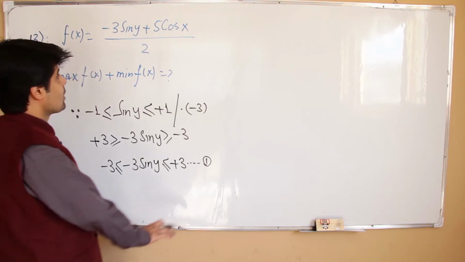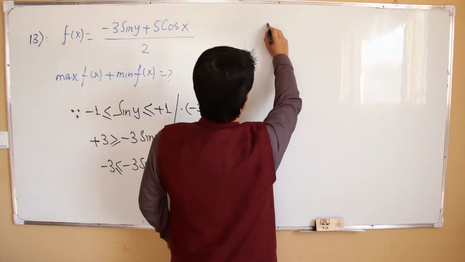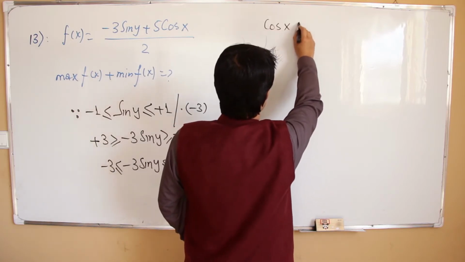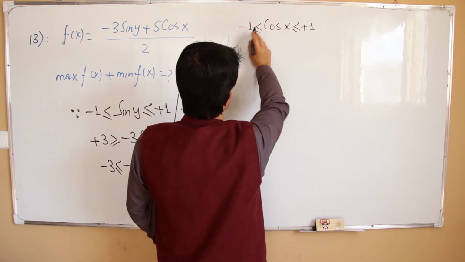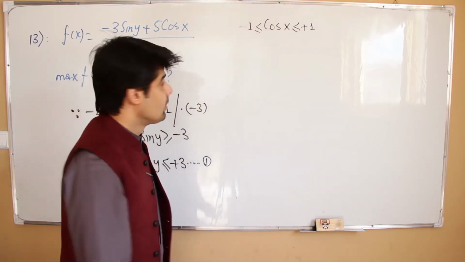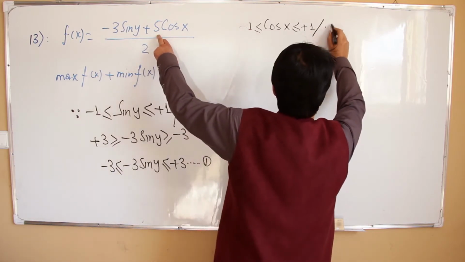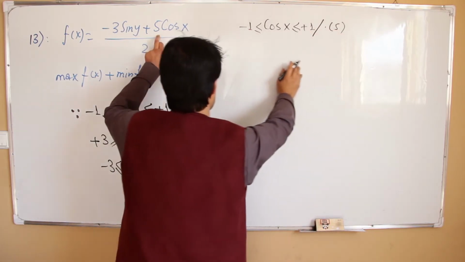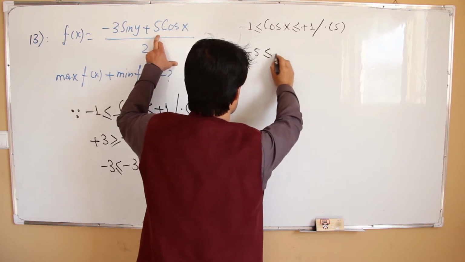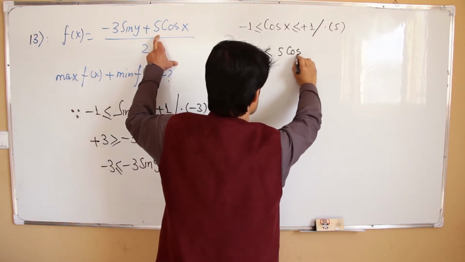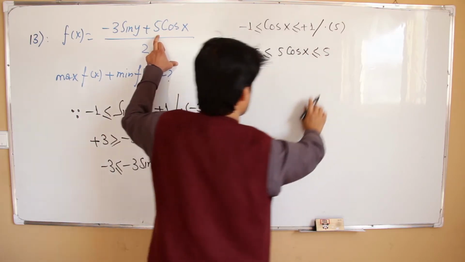Now second, we have 5 cosine x. Cosine of every angle varies from negative 1 up to positive 1. But we have 5 cosine x, so I will multiply both sides by 5. This is negative 5 cosine x, and this one is 1 times 5, it is 5.